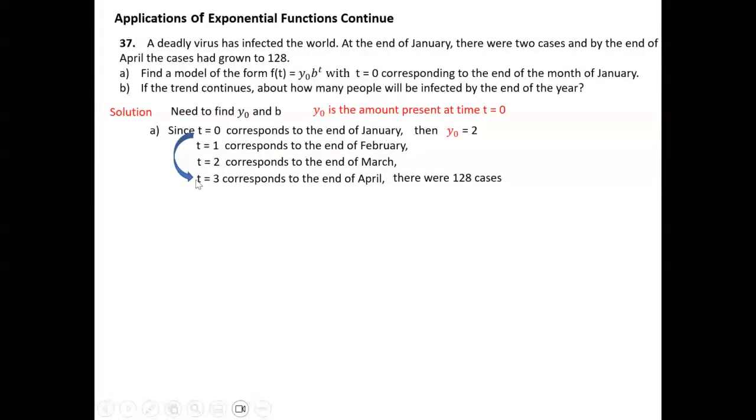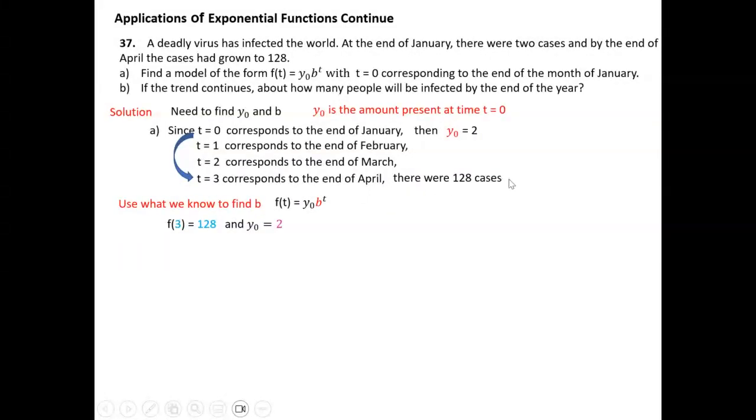We can go straight from the beginning to the end. I just showed t equals 1 and t equals 2 so you guys can see exactly how it went from t equals 0 to the end of April, because here, guys, will be my second point. Let me show you what I'm talking about.